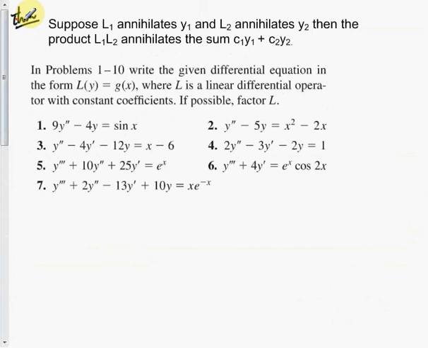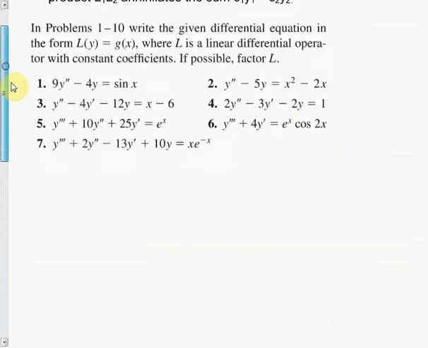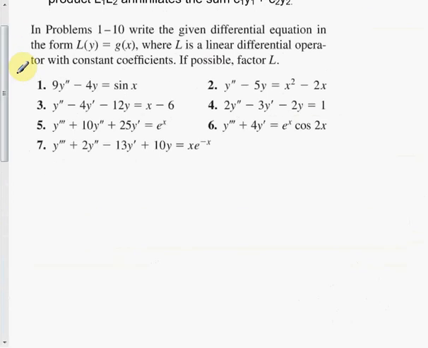So the product, L sub 1 times L sub 2, will annihilate the sum c sub 1 y sub 1 plus c sub 2 y sub 2. We don't need that here for these problems, but there are some problems down below where we need to know that fact, and I'll apply it then. So look at numbers 1 to 10. Write the given differential equation in the form L of y equal to g of x, where L is a linear differential operator with constant coefficients.